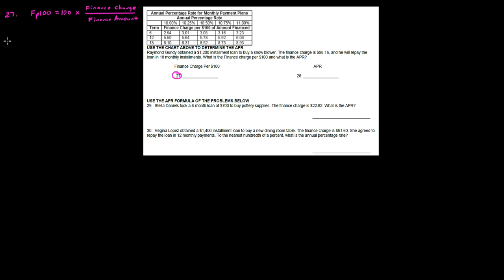And for this problem, the finance charge, it says right here, is $100, but that's per $100. So we want to figure out what it is per $100, and that's the reason there's the 100 here in the formula.